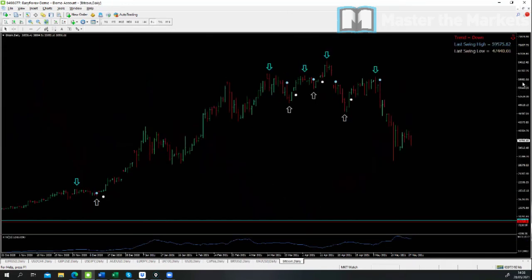Bitcoin, yeah, it's had its good run. As you can see here, the last swing high, or the one before that, was 64,800. So it's close to 69,000 at its highest point of any time.